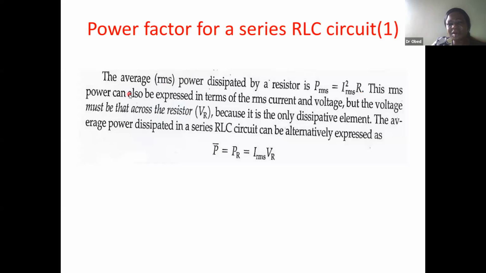This RMS power can also be expressed in terms of the RMS current and voltage, but the voltage must be that across the resistor, VR.